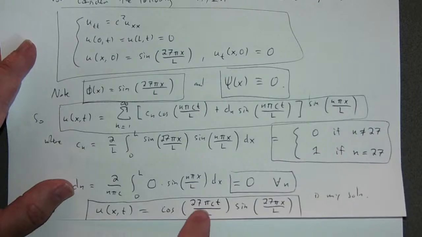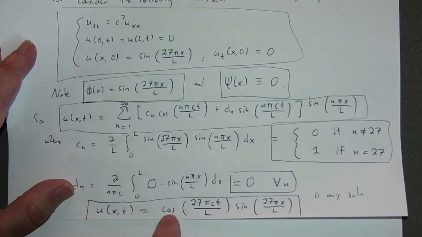We can directly compute the frequency of this oscillation, because it's just a cosine term. So what is its frequency?